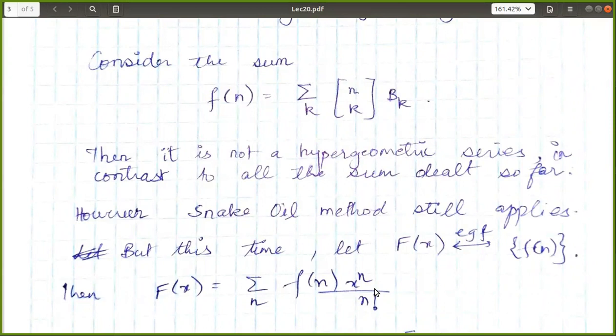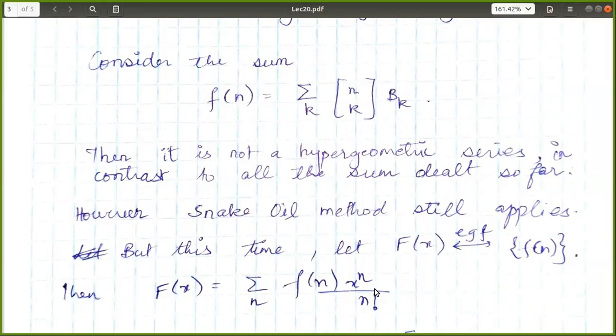What is the rest of the recipe? We choose x as the free variable. f(x) is the EGF, so of course you would take f_n, multiply it with x raised to n divided by n factorial, and then sum over all possible values of n.